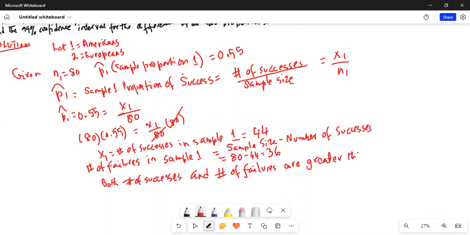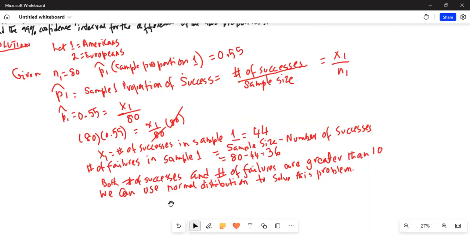We can use normal distribution to solve this problem. Okay, let me create some more space.